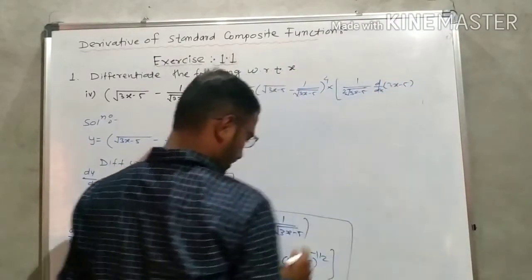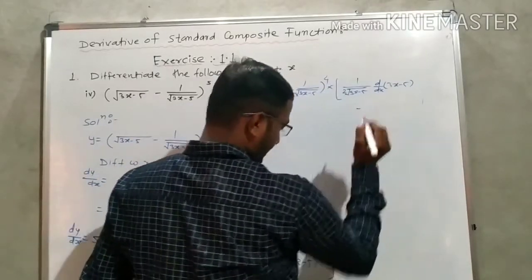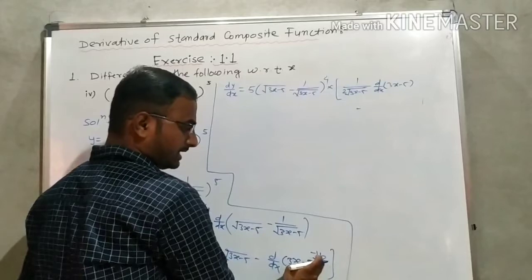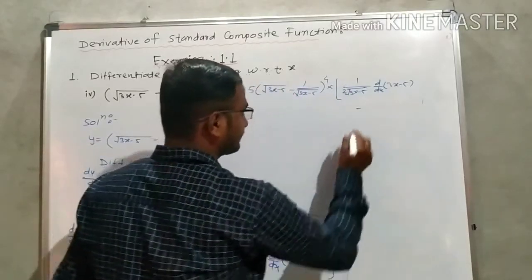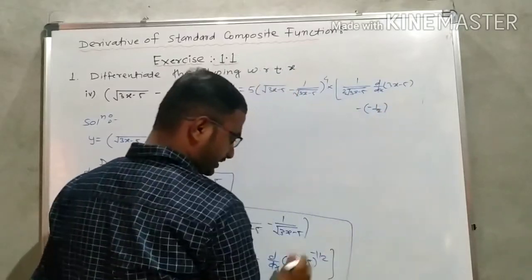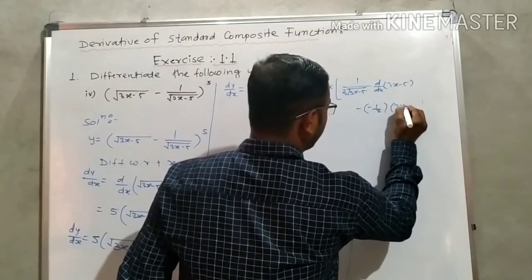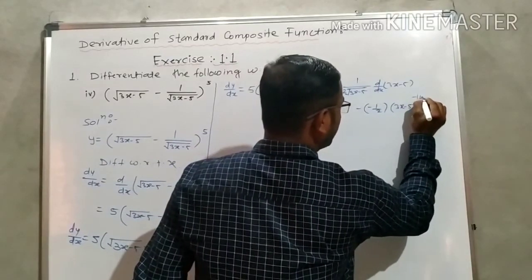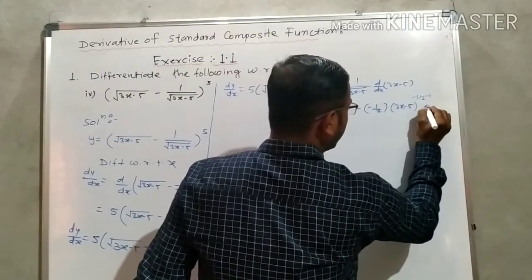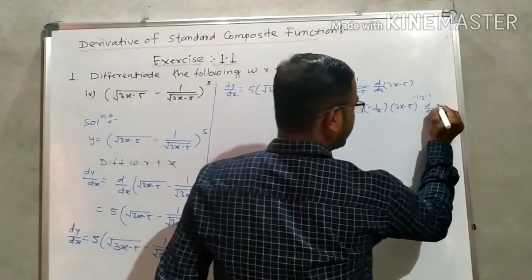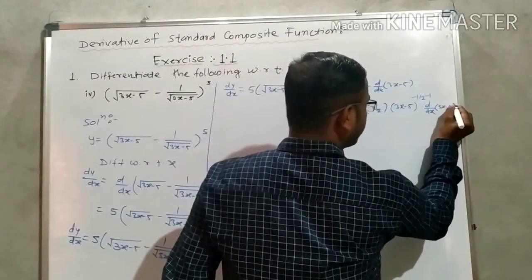Okay, so now minus, as it is, minus the derivative of f of x to the power minus 1 by 2. F of x to the power n, so n into, n is minus 1 by 2. So minus into minus 1 by 2 into f of x, 3x minus 5 to the power minus 1 by 2 minus 1, into the derivative of this bracket.